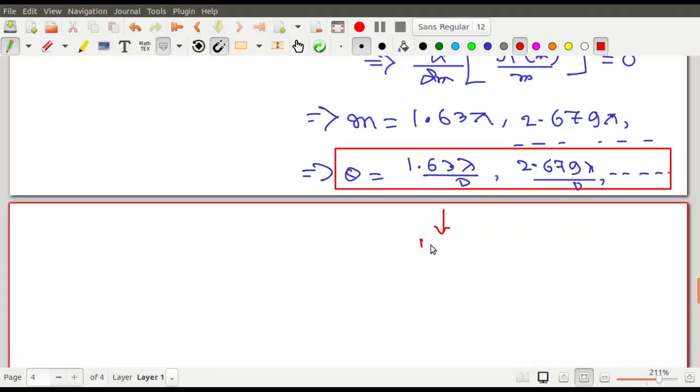Here I write, this one is your principal maxima, একটা ছিল প্রিন্সিপাল ম্যাক্সিমা, this is the first maxima, এটা হচ্ছে সেকেন্ড ম্যাক্সিমা.